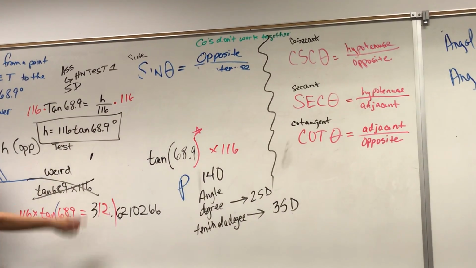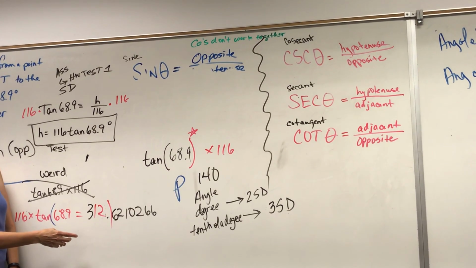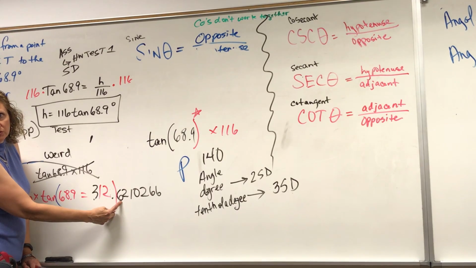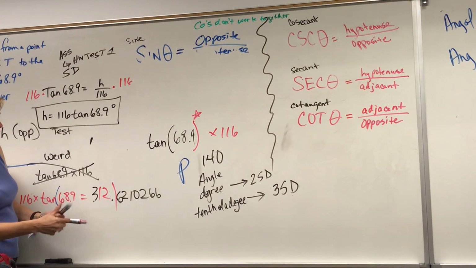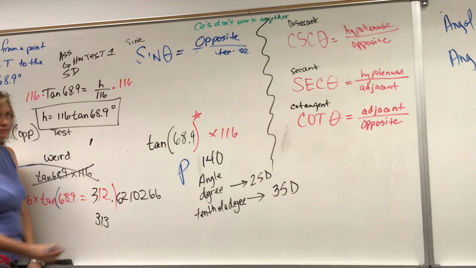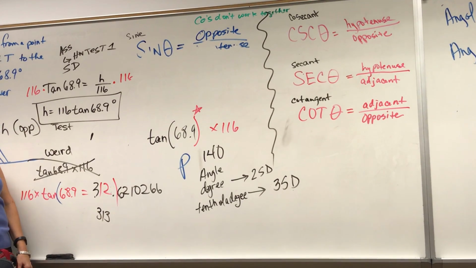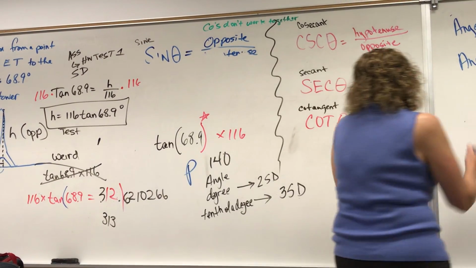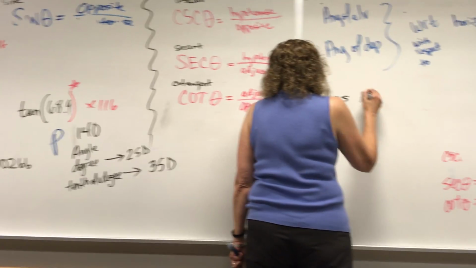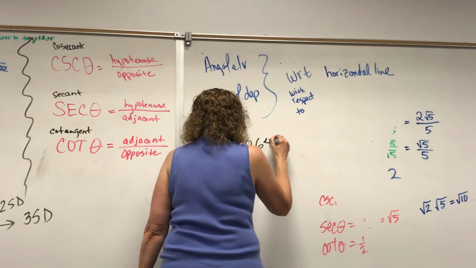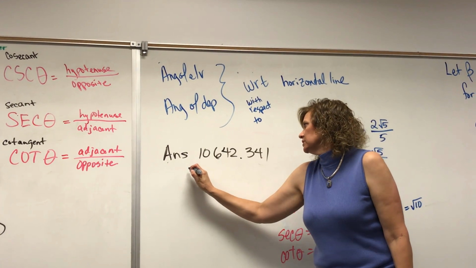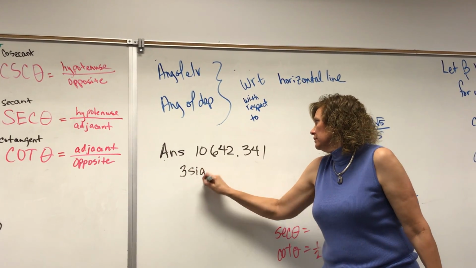Okay, so you are responsible to give this to 3 significant digits. These are all significant. We look at the 6, and the 6 tells us to do what? Round up. So our answer is going to be 313. You're not going to be cranky about that at all until your answer is 10,642.341, and I need to give it to 3 significant digits.